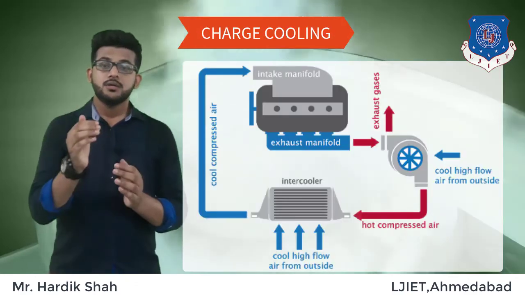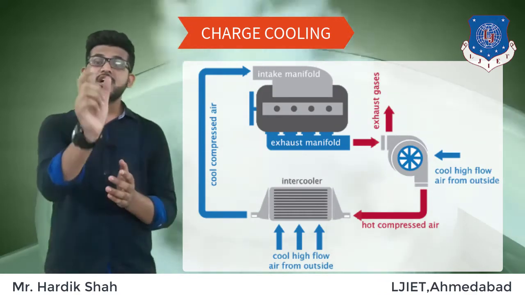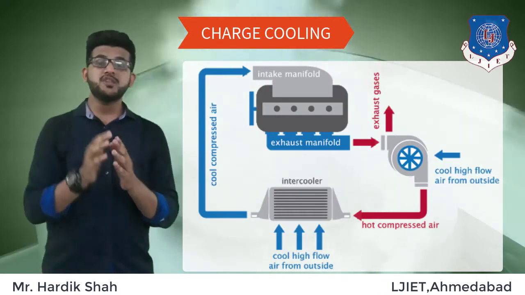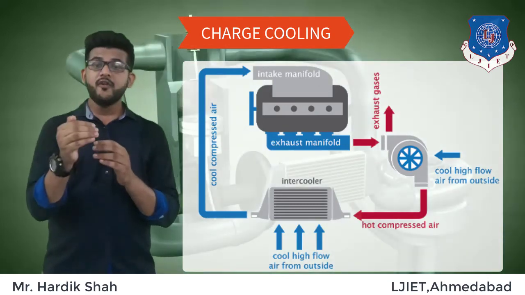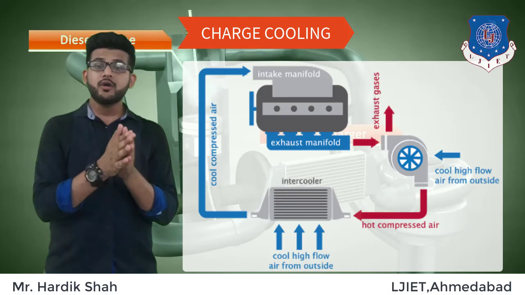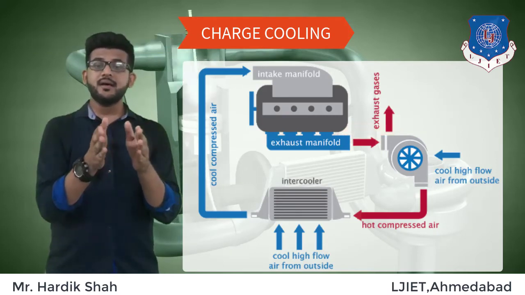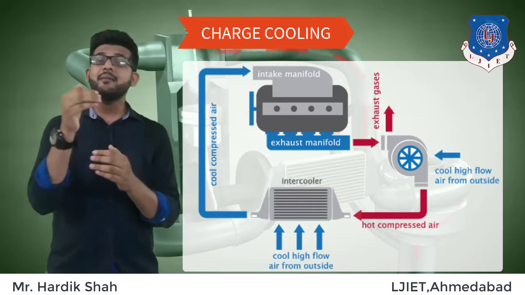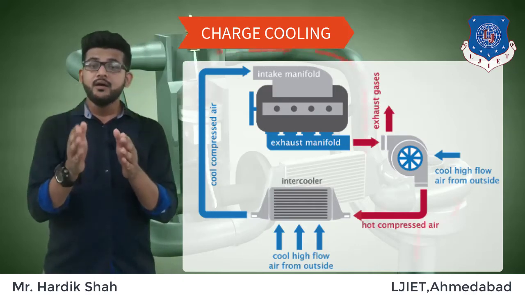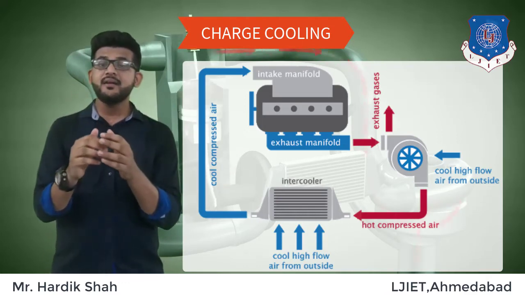There is also one small topic that we need to cover in this video, that is charge cooling. So, what is charge cooling? When the air charge is compressed, it becomes hot and leaves the compressor at a much higher temperature, approximately 60 to 90 degrees higher than the ambient air temperature. When the air gets heated, it expands and its density reduces.